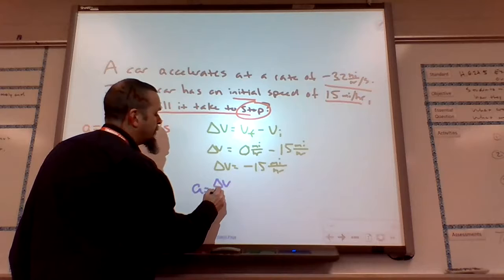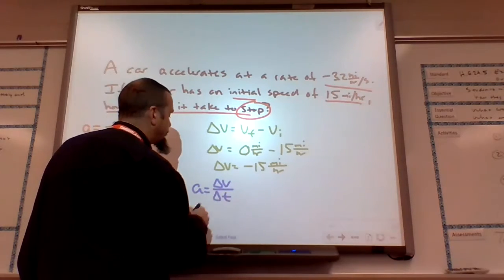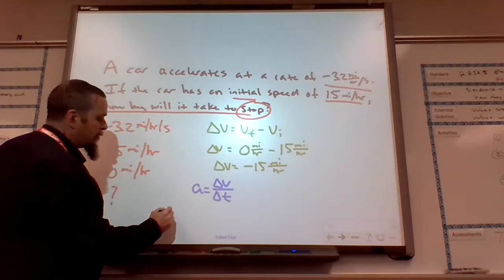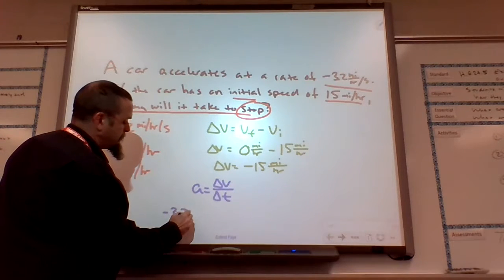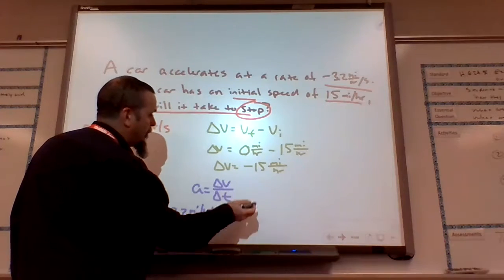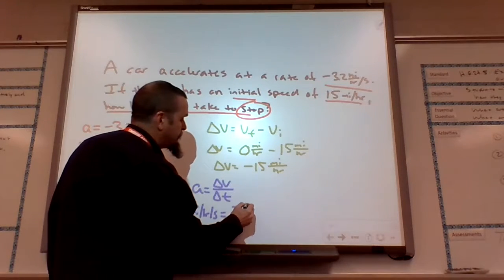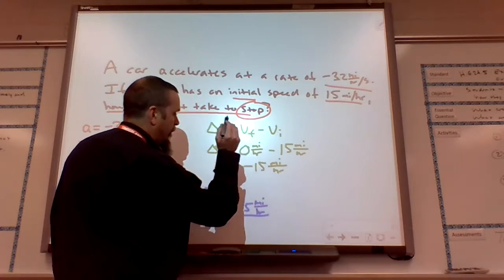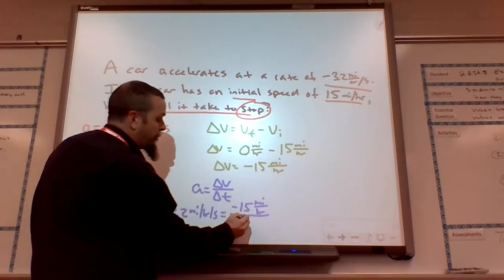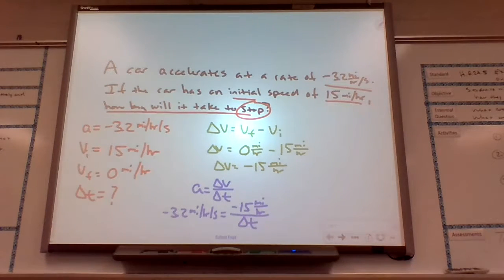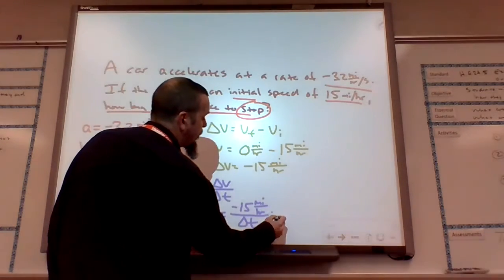Acceleration equals delta V over delta T. So again, our acceleration is negative 3.2 miles per hour per second. Our delta V is negative 15. And our T is what we're looking for. Remember, whenever you have a variable in the denominator, your job is to get it out of the denominator.